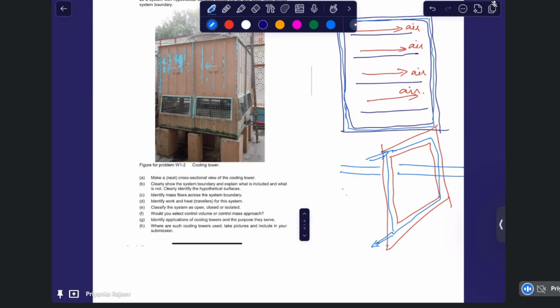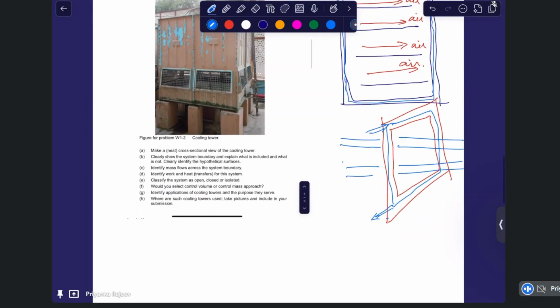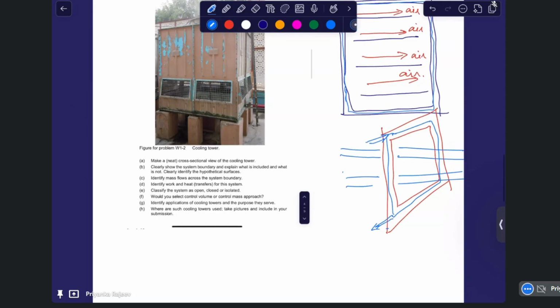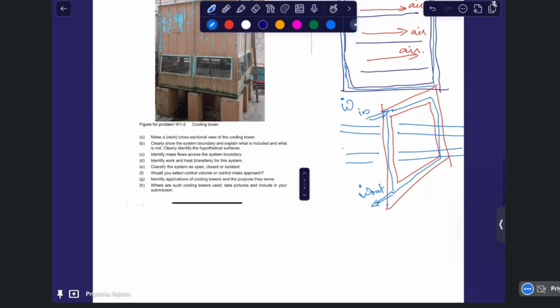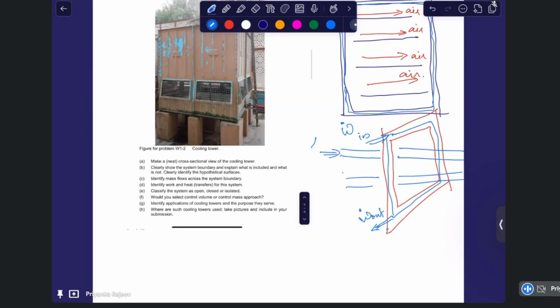And this is what is going to cool the water in the frame. So this hot water is coming inside, water in and water out. So there is a mass flow happening, and incoming air. Air is also getting in and going out, so that is also mass flow.